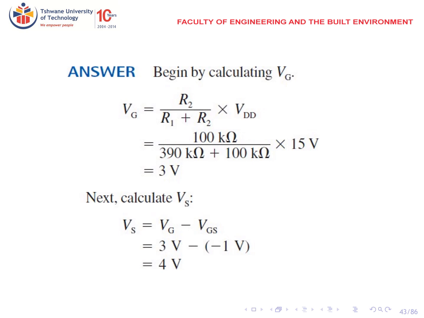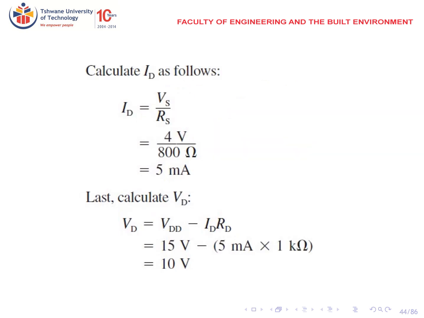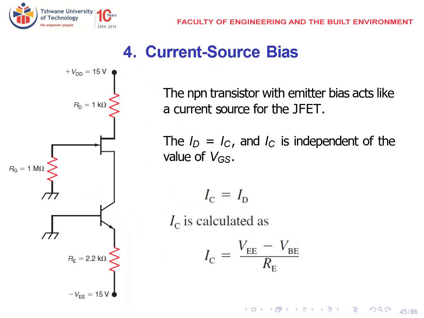Then next we calculate Vs, which will be equal to Vg minus Vgs, giving us 4 volts. Then ID is equal to Is, so it's Vs divided by Rs, 5 milliamperes. Then we calculate Vd. Vd will be equal to Vdd minus IDRD.